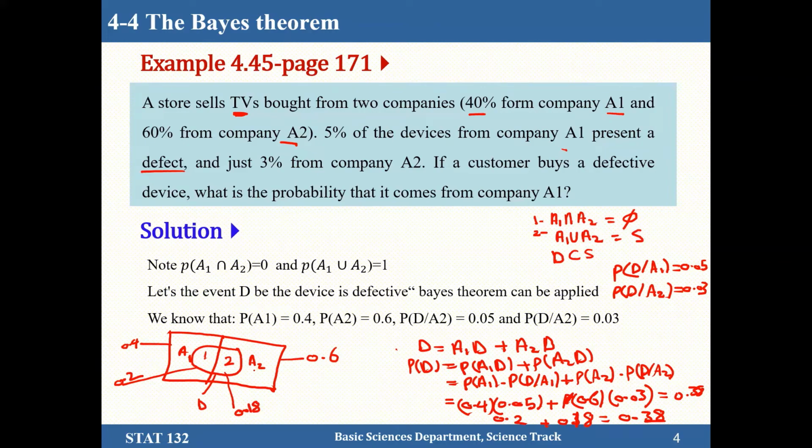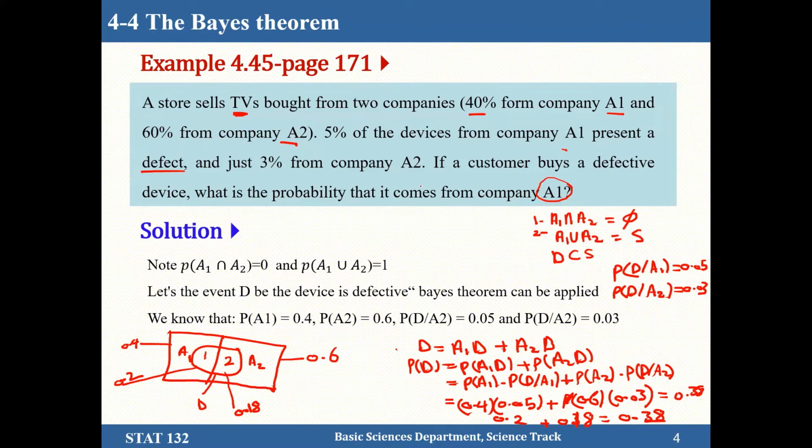So now we get the probability of defective. Now, if a customer buys a device, one customer, and it was defective, what is the probability that it comes from A1?